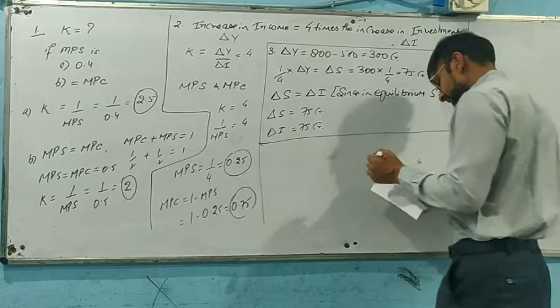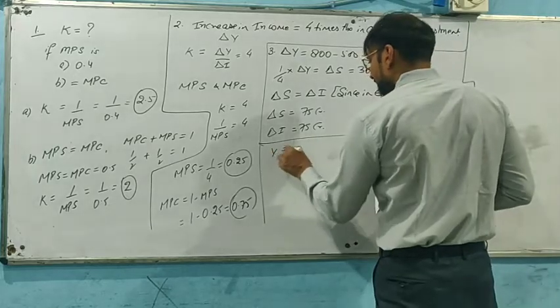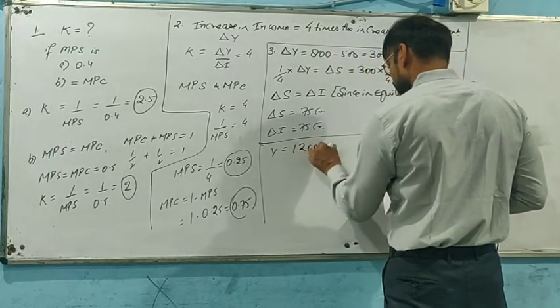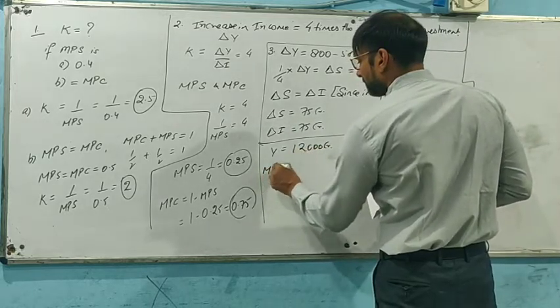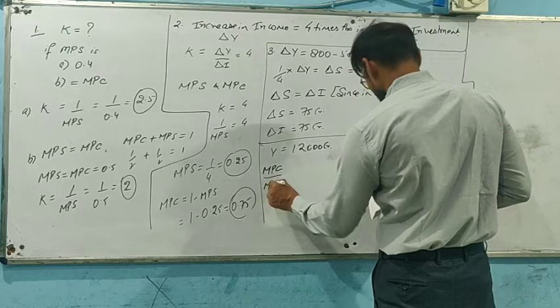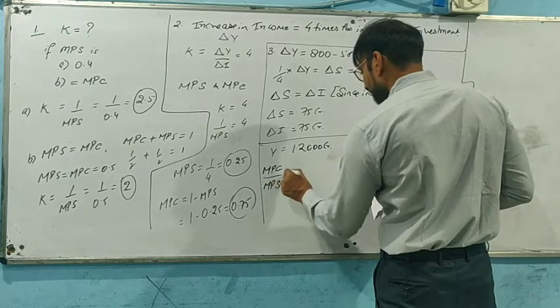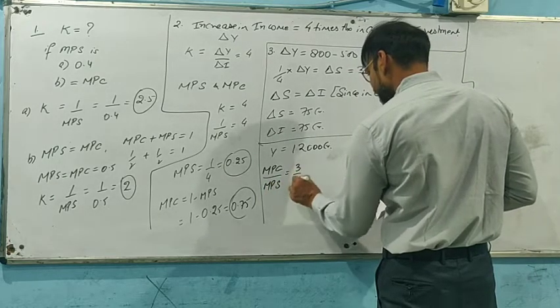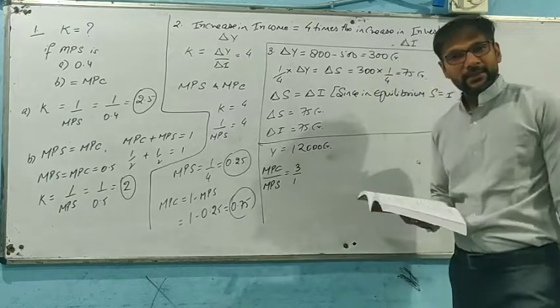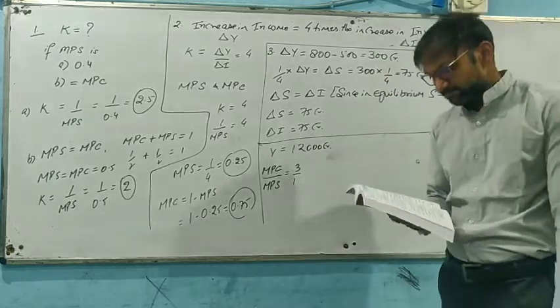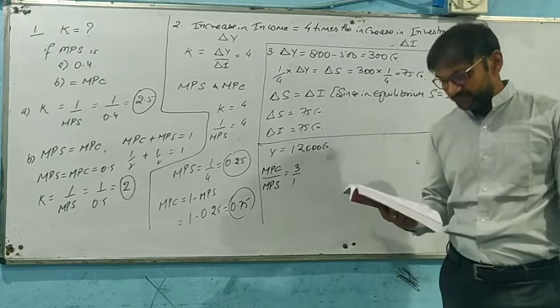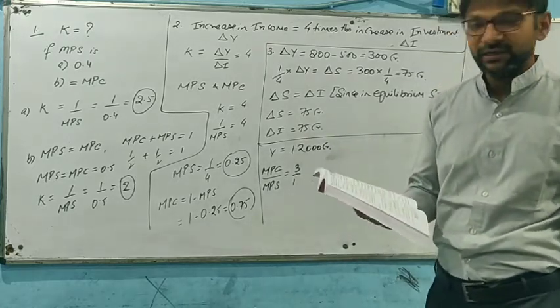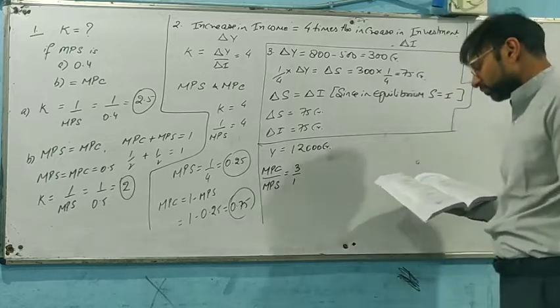It says that Y is 12,000 crore and the ratio of marginal propensity to consume over marginal propensity to save is 3:1. Now, calculate the additional investment needed to reach a new equilibrium level of income of 20,000.